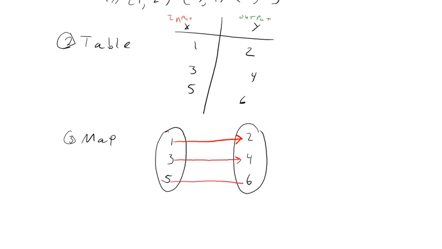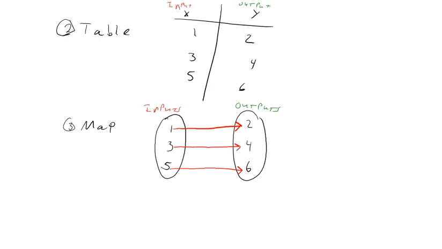My inputs are here, and my outputs go here. These kinds of diagrams are another way to show a function's connection between the points. Drawing this connection between inputs and outputs.